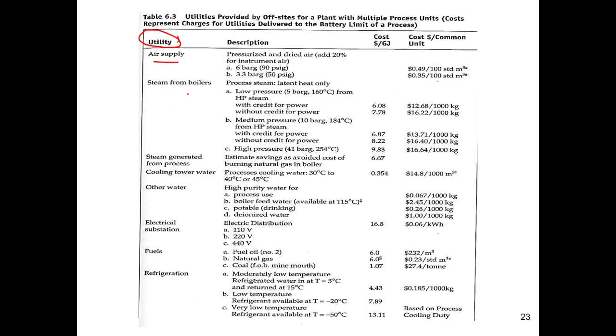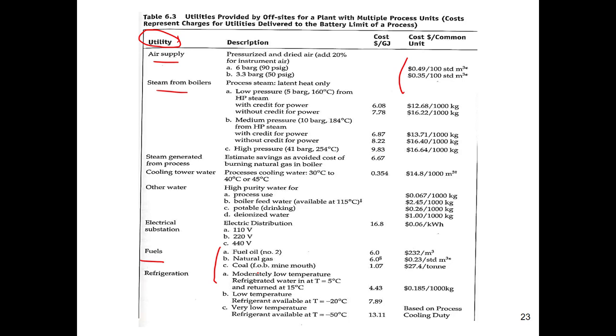For example, for air supply, steam that you need, you have all the values per 100 standard cubic meter. STD is a standard cubic meter. The fuels, how much does it cost? Nowadays the natural gas and the petrol have lost their price.